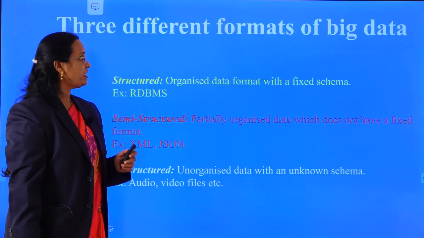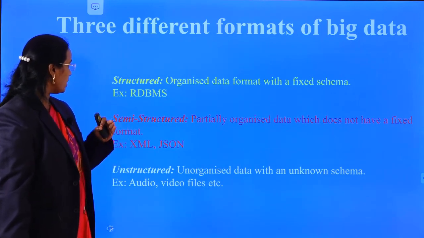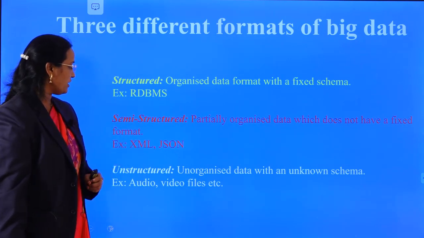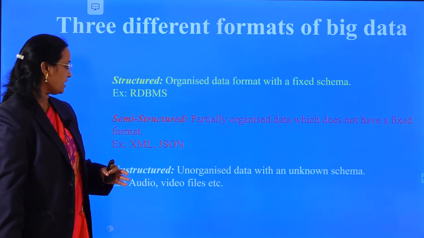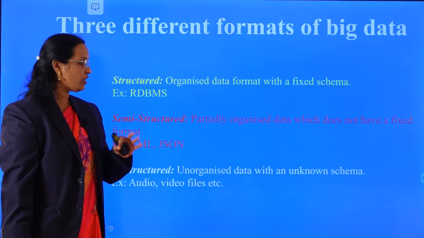Different formats of big data are unstructured data, semi-structured data and structured data. So, let us start with the unstructured data. Unstructured data are unorganized data with an unknown schema. It does not have any schema.